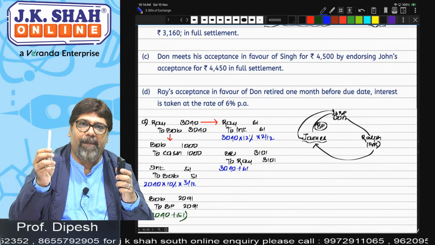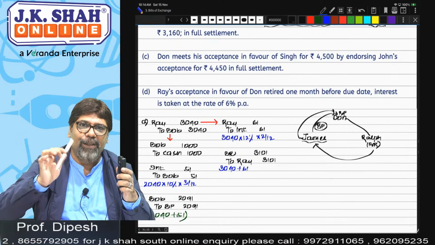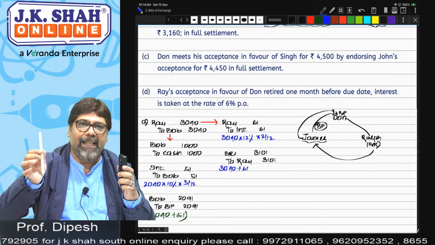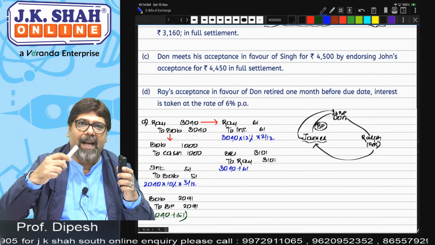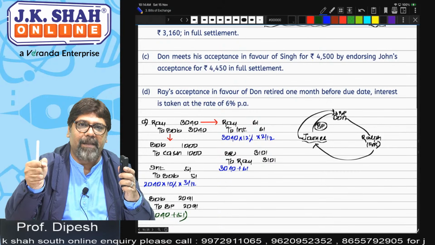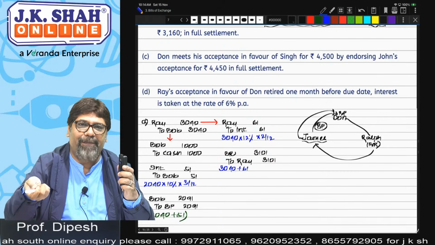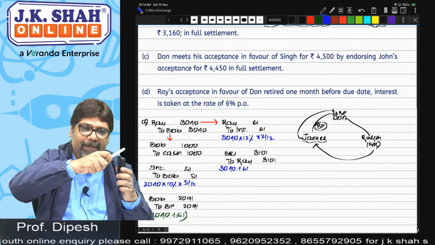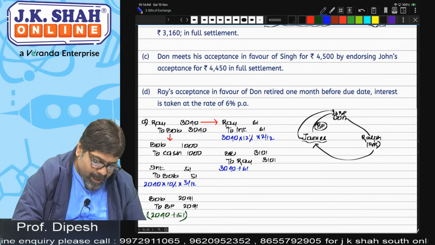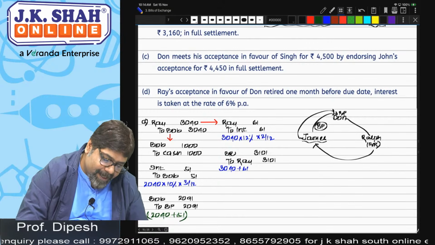James got it from Ralph, because I had accepted that bill on Ralph. Therefore, that bill was with Ralph. I had written bills payable. Ralph had written bills receivable. Ralph would have endorsed it to James and James gave it back to me. Oh yeah, round robin game.